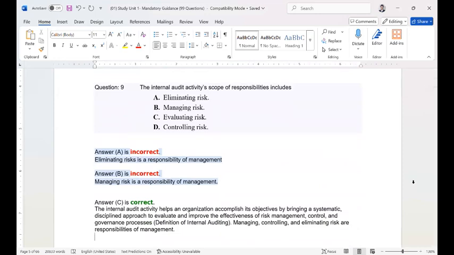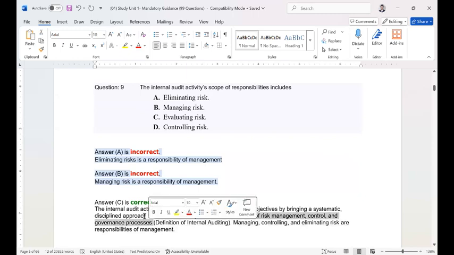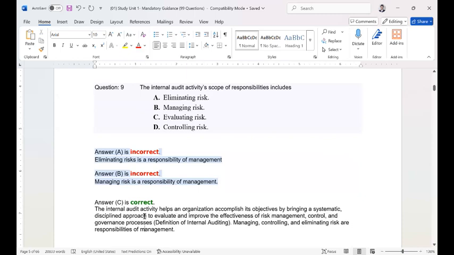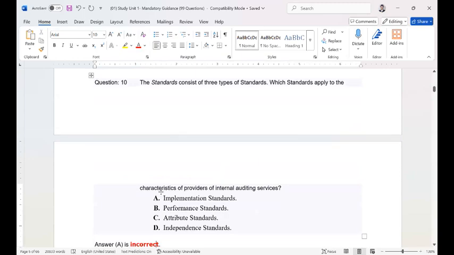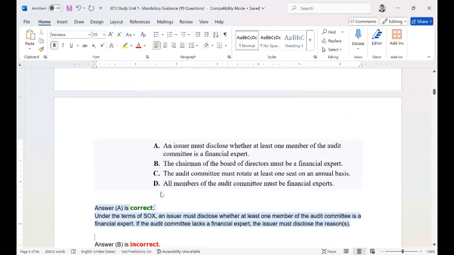If you look at the words of the definition, we evaluate and improve the effectiveness of risk management, governance processes, control processes. We evaluate, so be careful. But of course, someone can say it's management's responsibility to identify risks and to evaluate the likelihood and probability. So that's another school of thought. But out of all this, one thing is we can evaluate.